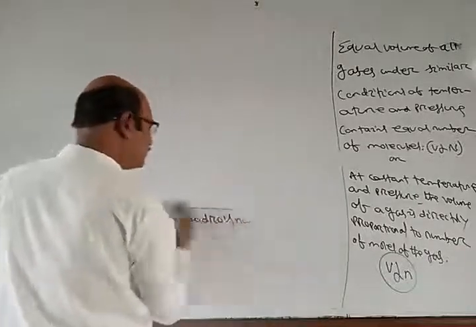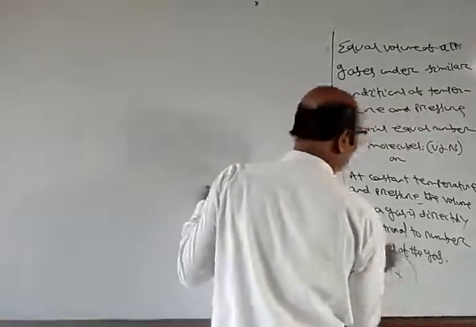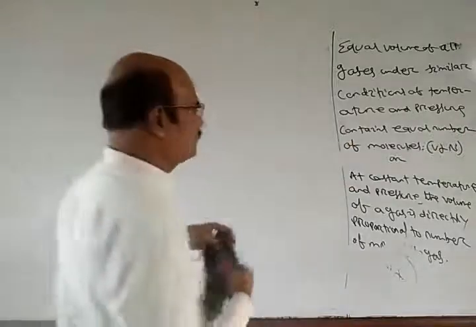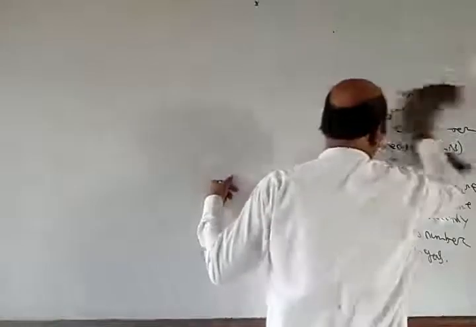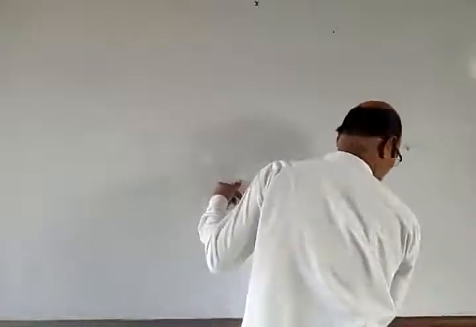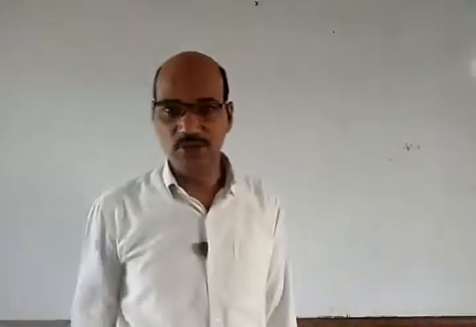An ideal gas is a gas which obeys all the gas laws at all conditions of temperature and pressure, and also obeys the gas equation PV equal to nRT. That we will establish now.